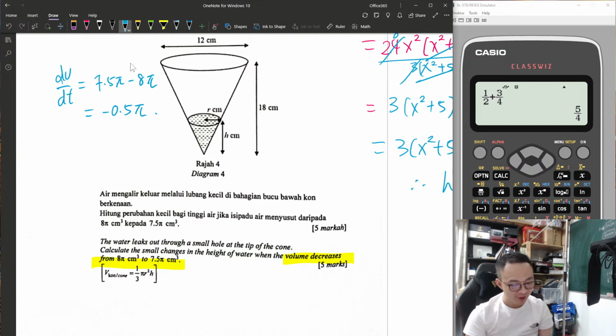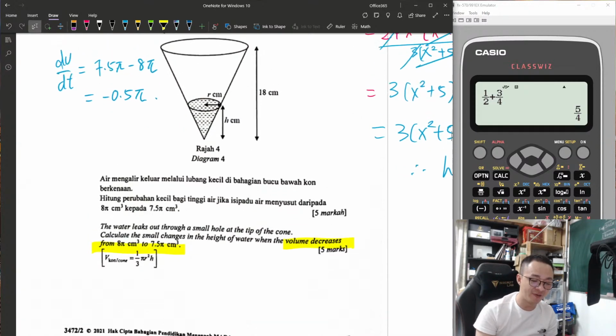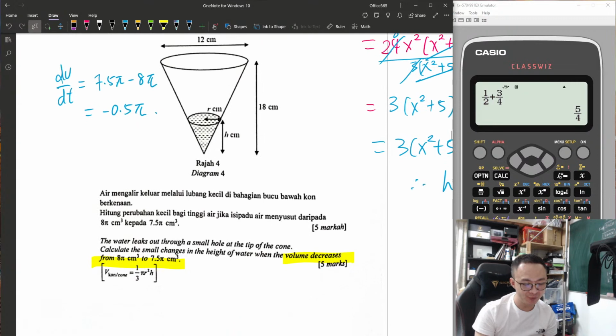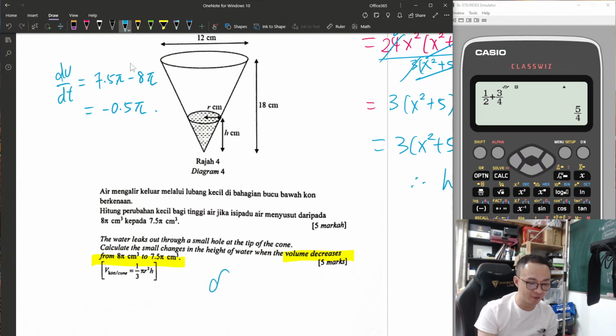Okay, and right now I want to find the small change of water level, the height.